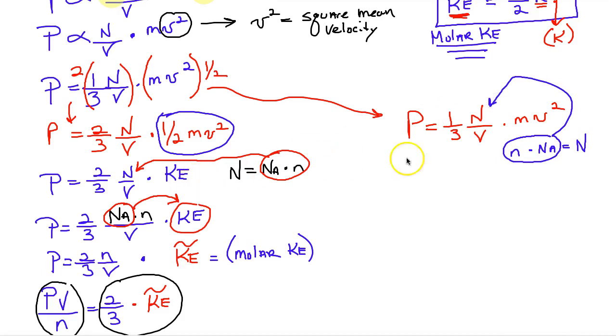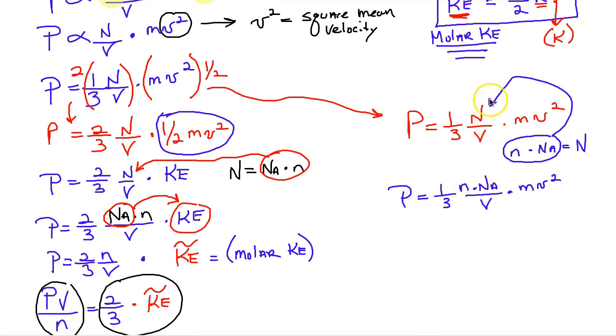I did this once before, but I didn't take out the kinetic energy, so let's do that. So pressure is equal to 1/3, and that's going to be N times Na over V times mu squared.